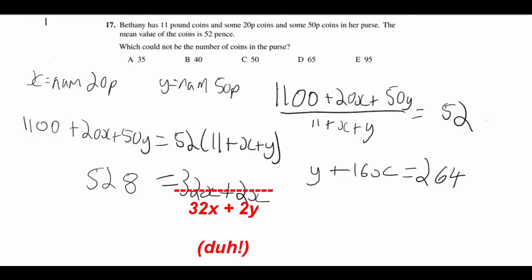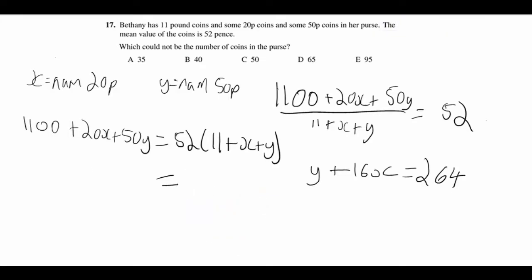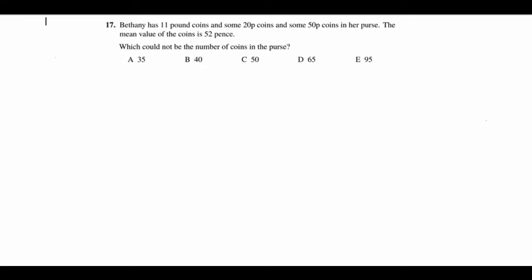Okay, so we know that y plus 16x is equal to 264. So now I'm going to rub some of this out just to make more space. Okay, so we have the equation y plus 16x is equal to 264.